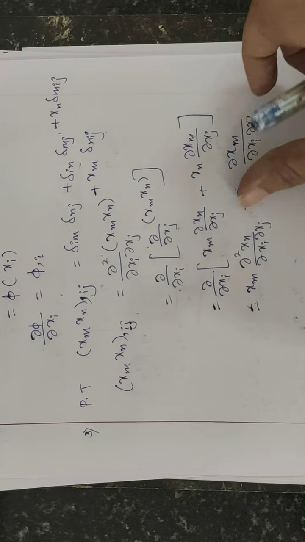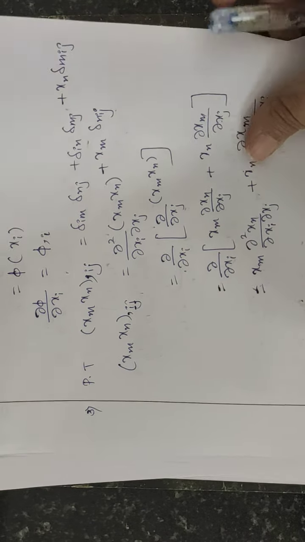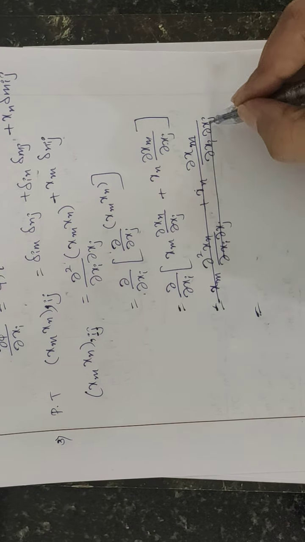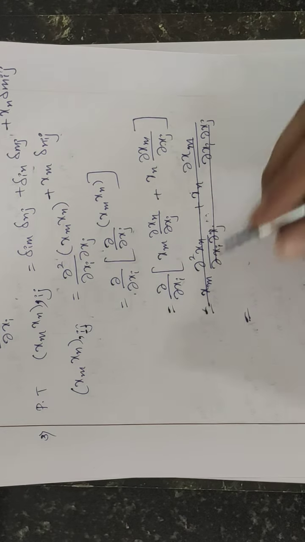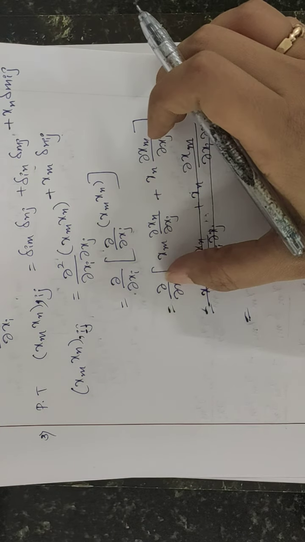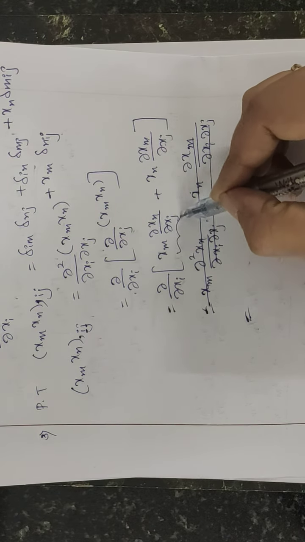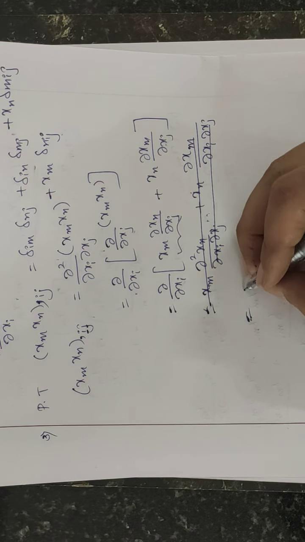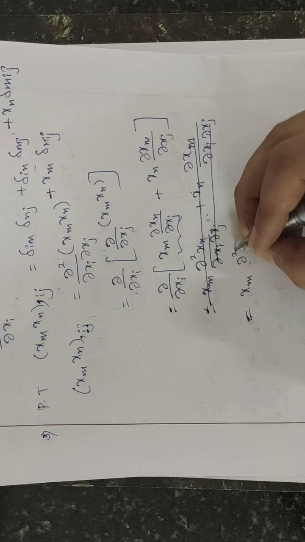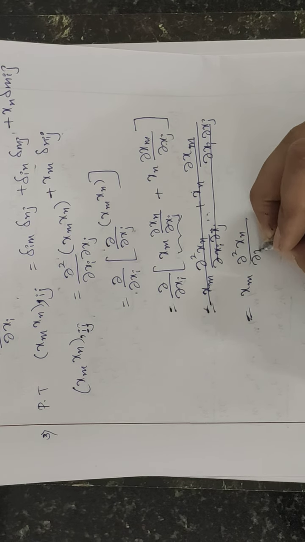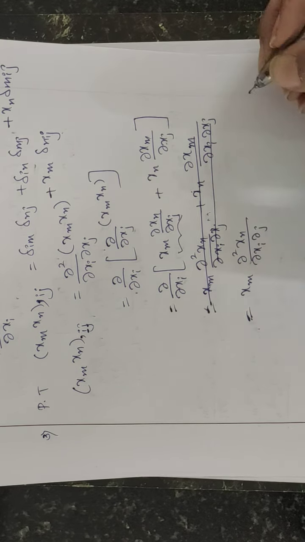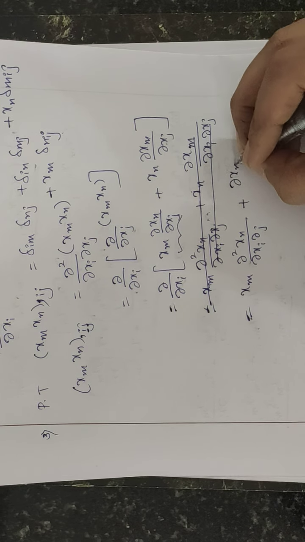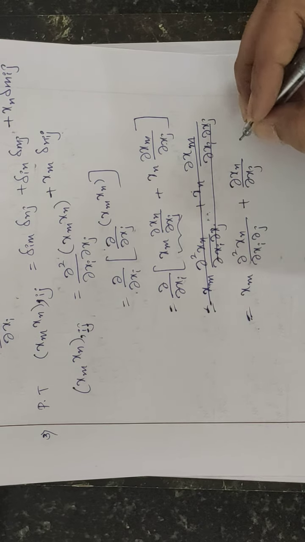If you get confused, don't write this step, just directly differentiate these two. So I have a product of two terms, again I will use the product rule of differentiation. I can write this as xm into dou square xn by dou xi dou xj plus dou xn by dou xj retained as it is.